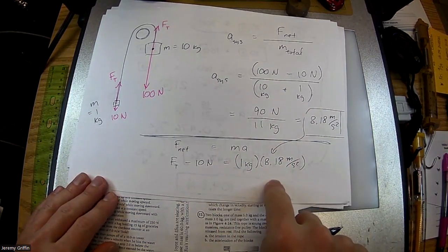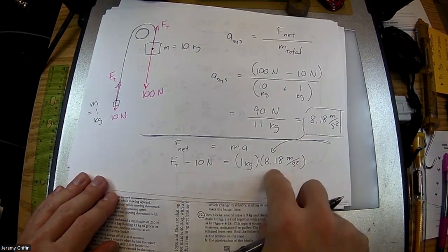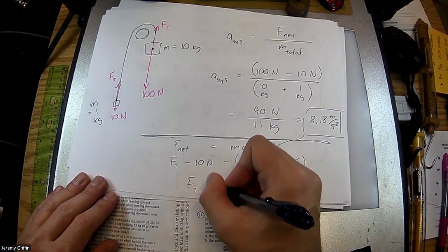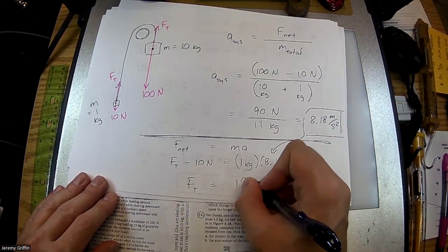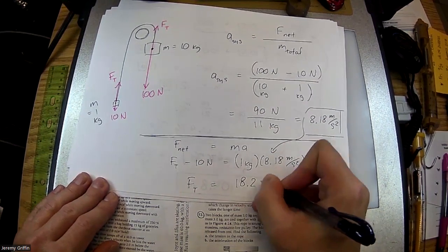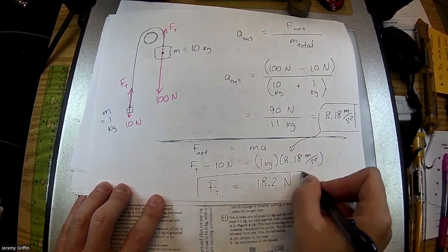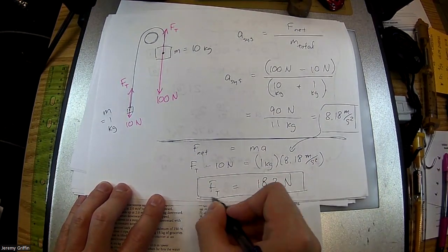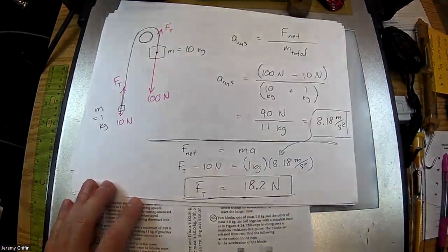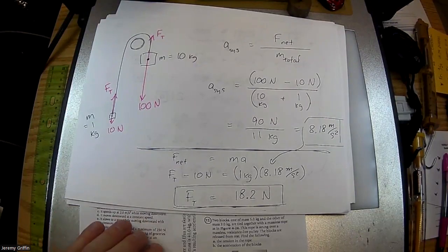So there's 8 newtons here, add over the 10 newtons. The tension force would be 18 newtons. Yeah, that looks about right. 18 newton tension force. Could have done it for the other block, the larger block, and still would have gotten the same answer right there.